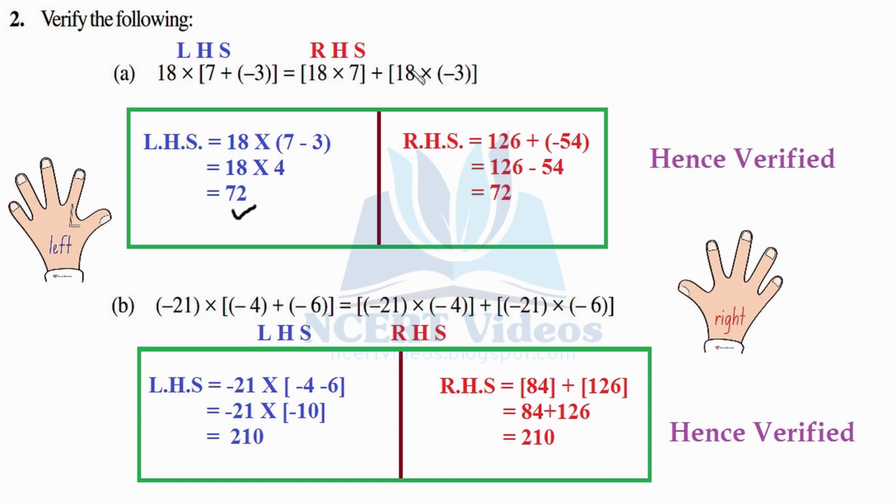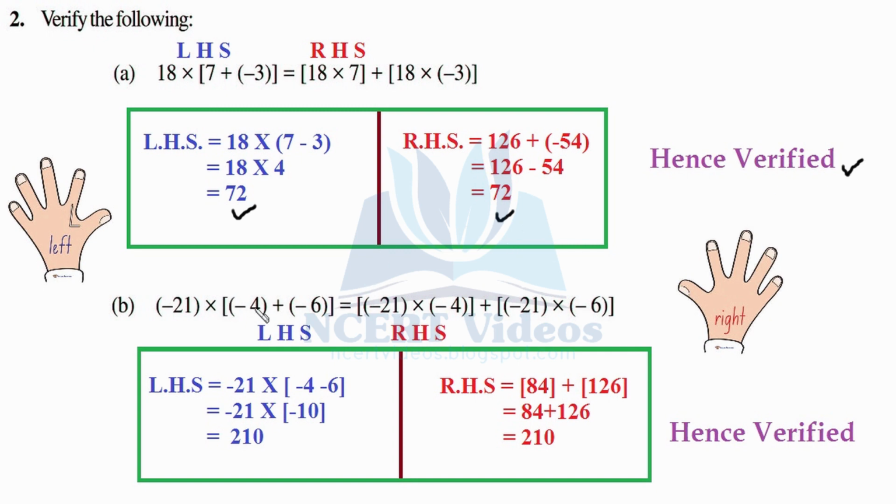Therefore you write it in brackets so that you don't get puzzled while solving it. It is best practice to put it in brackets. So plus minus is minus. Now it's just a matter of subtraction. 6 minus 4 is 2, and 12 minus 5 is 7. Therefore, the answer is 72, and you can see that both left hand side and right hand side are equal. Therefore, it is verified. Hence, verified is your answer.